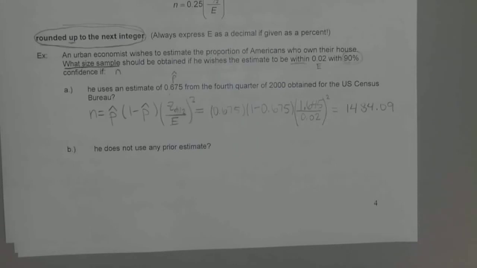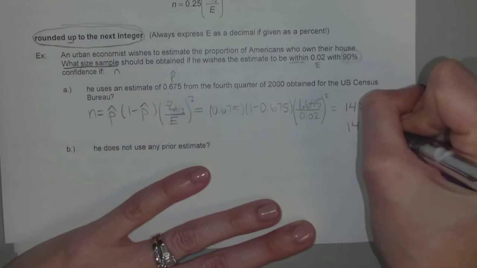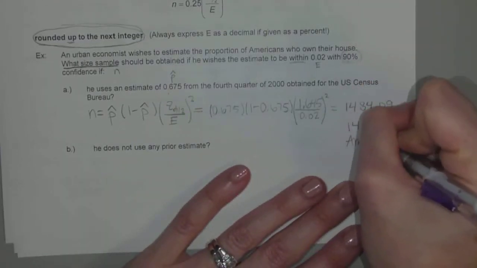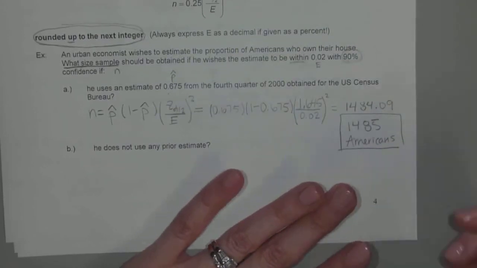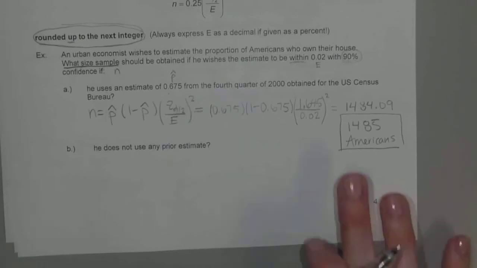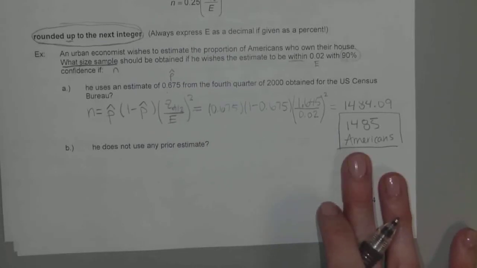But notice it is partially over that 1,484, so 1,484 is not enough. So we have to ask 1,485 Americans. We have to have a unit there. So what does that mean? It means if I want to do a confidence interval and I want to be 90% confident, I need to ask that many people. That's how many people I need to survey.